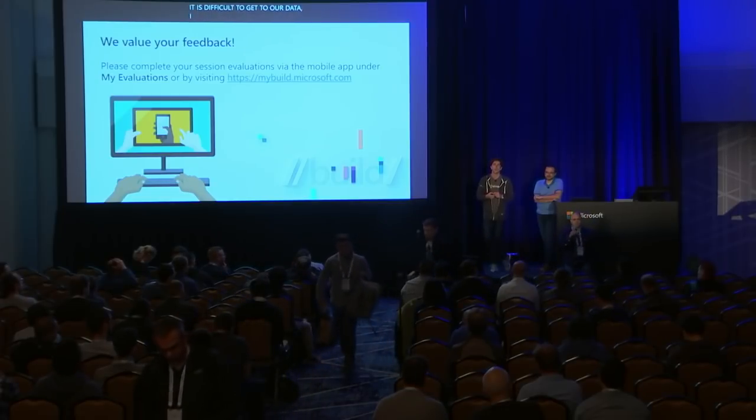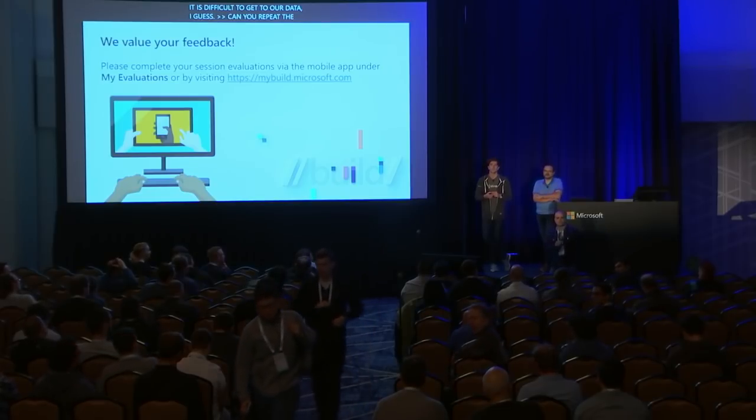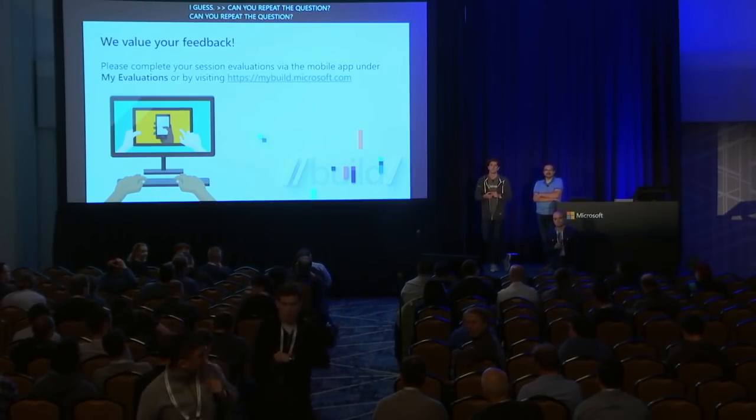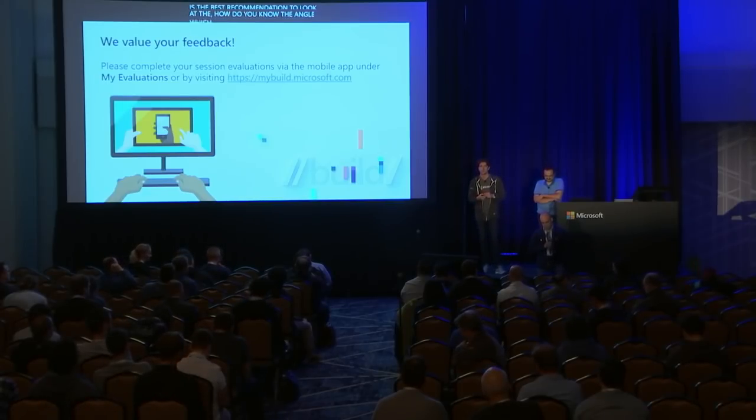What's the best recommendation for knowing the angle at which you're displaying data? I have a dashboard where I'm displaying real-time data, but most of the time it's very difficult to pull it up because people are not used to it or they're fiddling with their device.